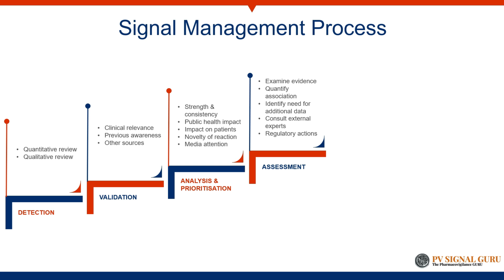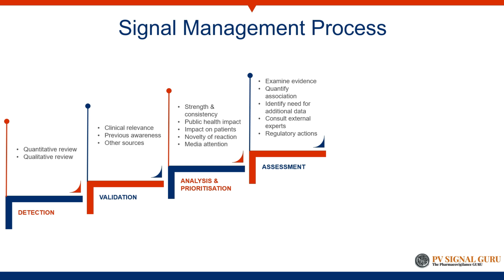The considerations we look into are the causality, the severity, the population affected, and the overall risk benefit profile of the product. So at the end of signal assessment, we clearly document the findings from various sources, evaluating the strengths and weaknesses, and finally making the conclusions to either refute the signal or confirm it as a risk.